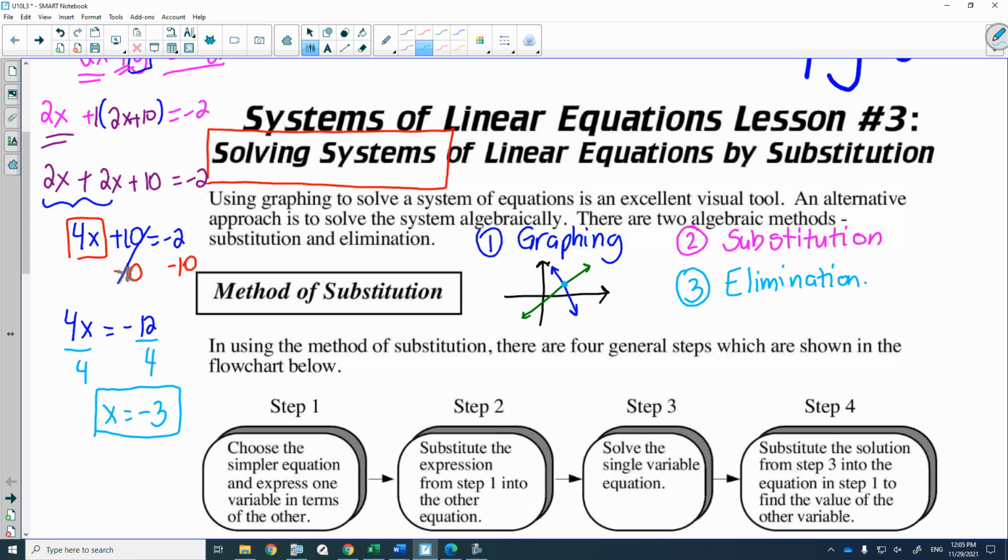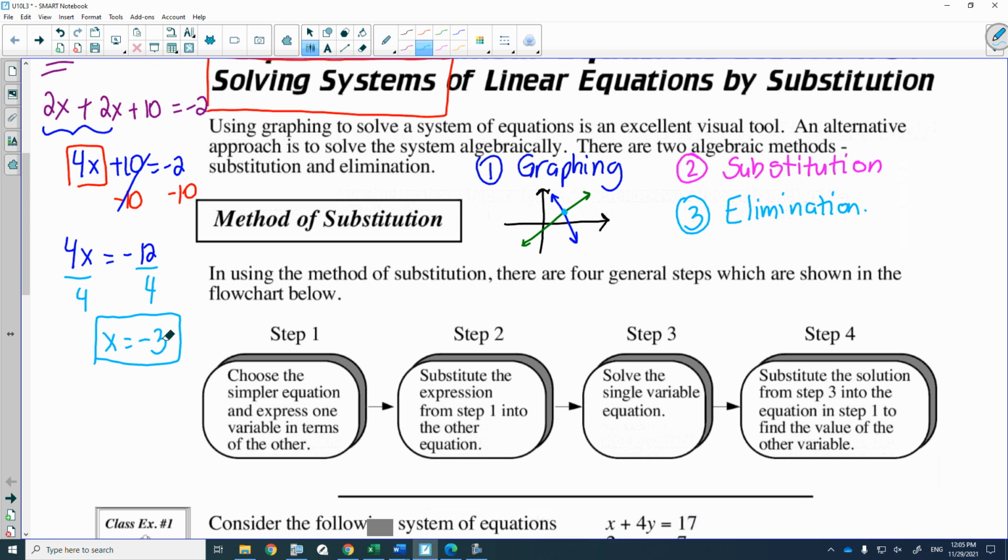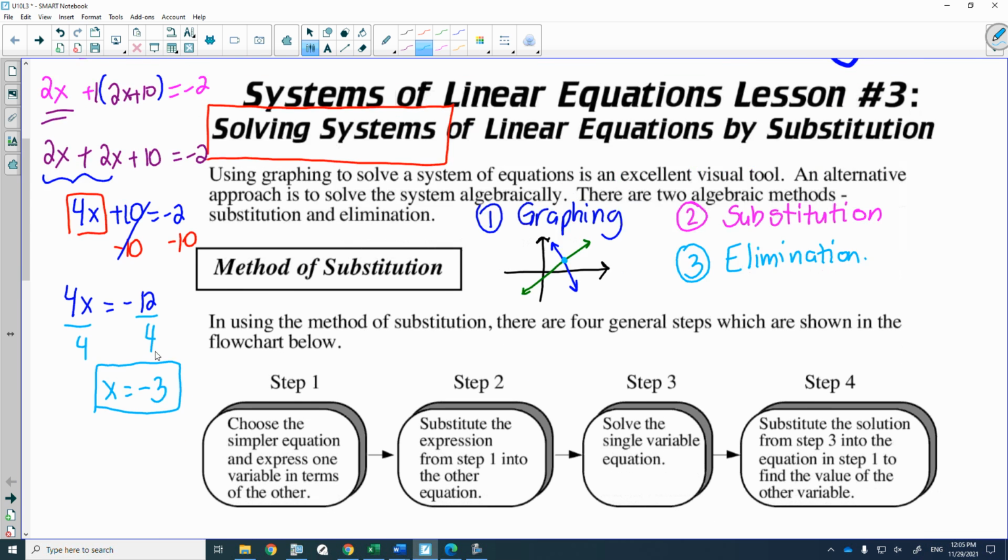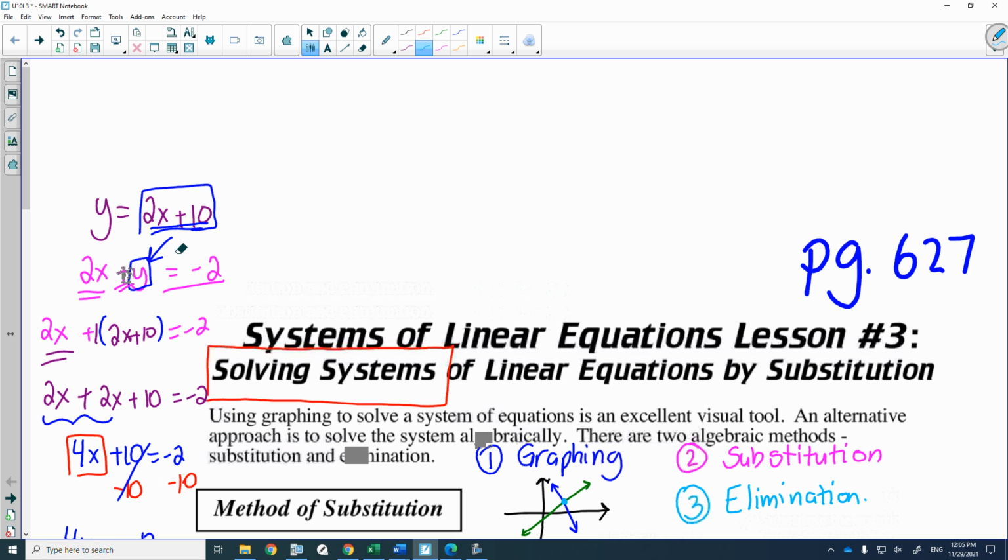So once you have your x variable or one of your variables solved, I now need my other variable, which is y. So what I would do is I know that x is -3. I'm going to go and look at the two systems. And you guys, this first system here, look at how it's written. y is equal to, if I put my -3 in there, because that's what x is, I know what y is, right? y is equal to this.